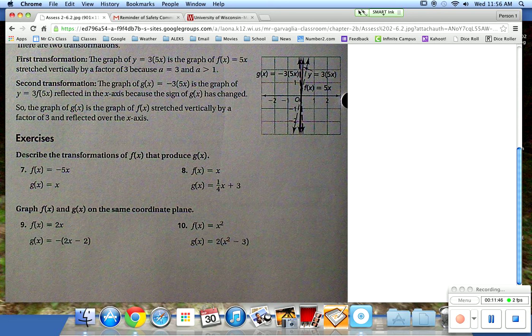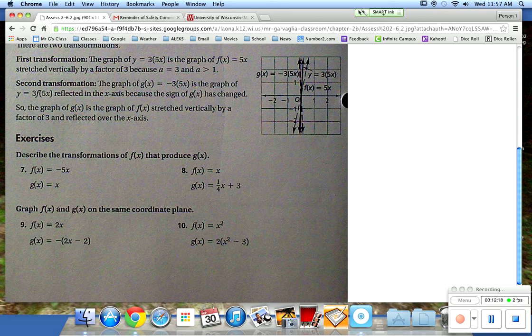So you guys have 10 problems to do. Graph these on the same coordinate plane. There's a first page too. Describe the transformation. What happens between these two? In other words, when they say describe the transformations here, what happens when I multiply this by -5?